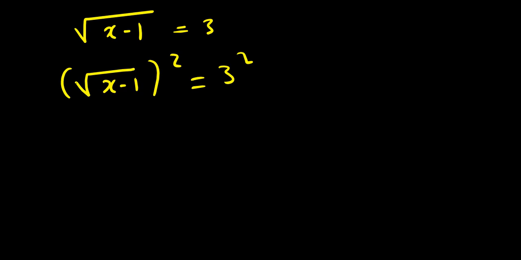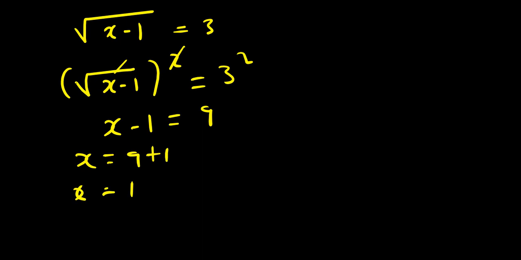Your square and your root will cancel. You have x minus 1 equals 3 squared, that is 9. So x will be equal to 9 plus 1, so x in this case will be 10.